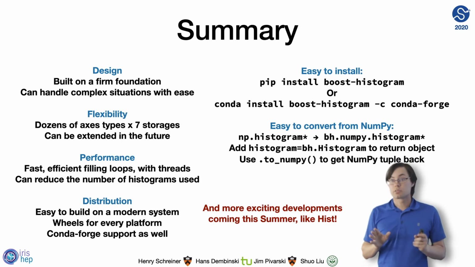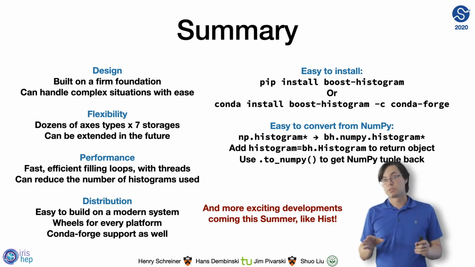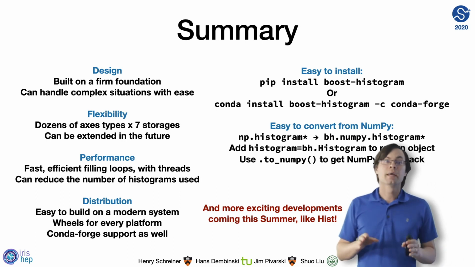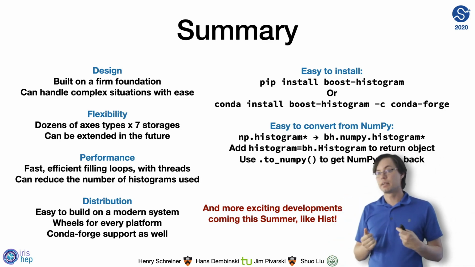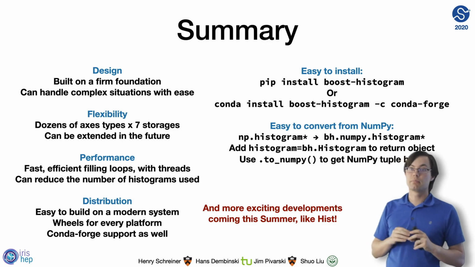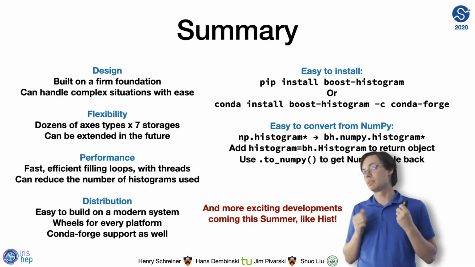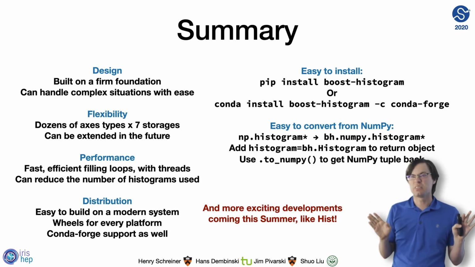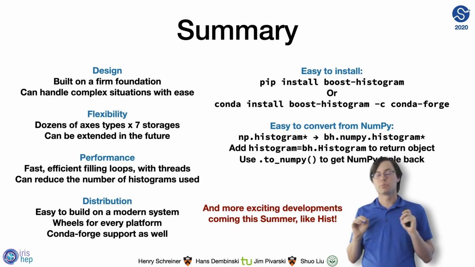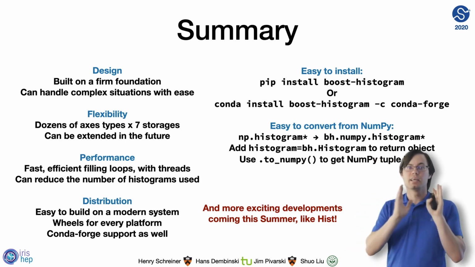So Boost-histogram is easy to install. You can just pip install it or conda install it from Conda Forge. It is very easy to convert to NumPy. In fact, if you just want to switch from NumPy to Boost-histogram, get the benefit of that speed, and ignore everything else I've talked about, you can do that. Obviously, I prefer you listen to the other things I said, but you can do that.